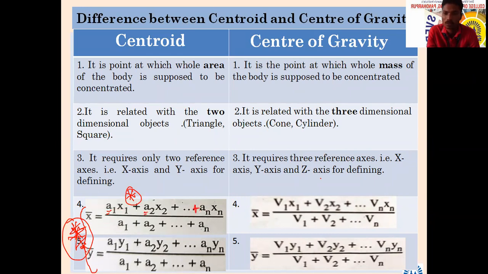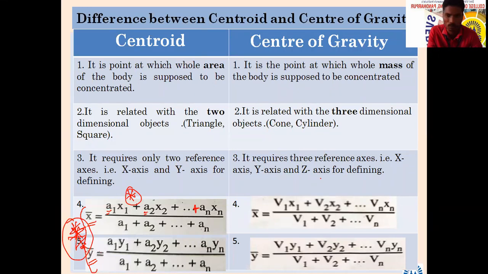Whatever number of small parts the total figure is divided into, for all those subparts we have to calculate the area. And one more thing, for the subparts we need to locate their centroids. Then we combine them, and it is given in this way, as x bar and y bar.